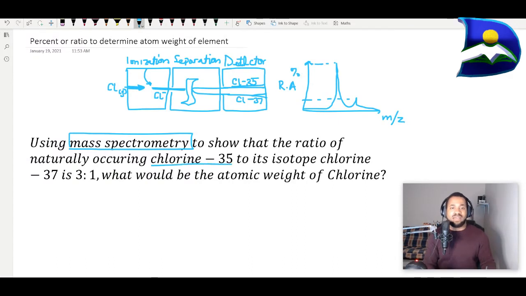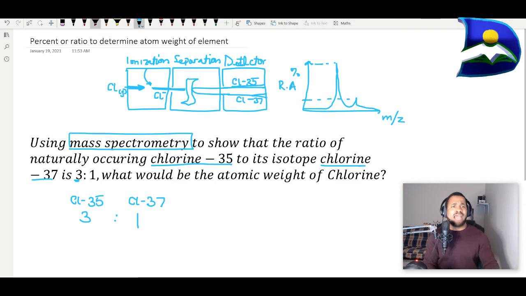One is chlorine 35, and we write its amount as 3, based on the first number before the little colon, and then the other one, which is chlorine 37, is 1. So the ratio here is 3 to 1.